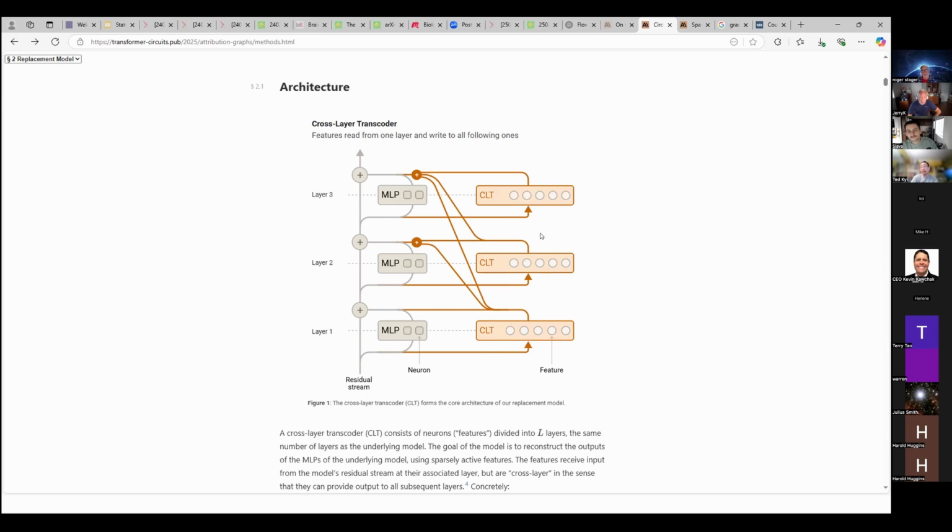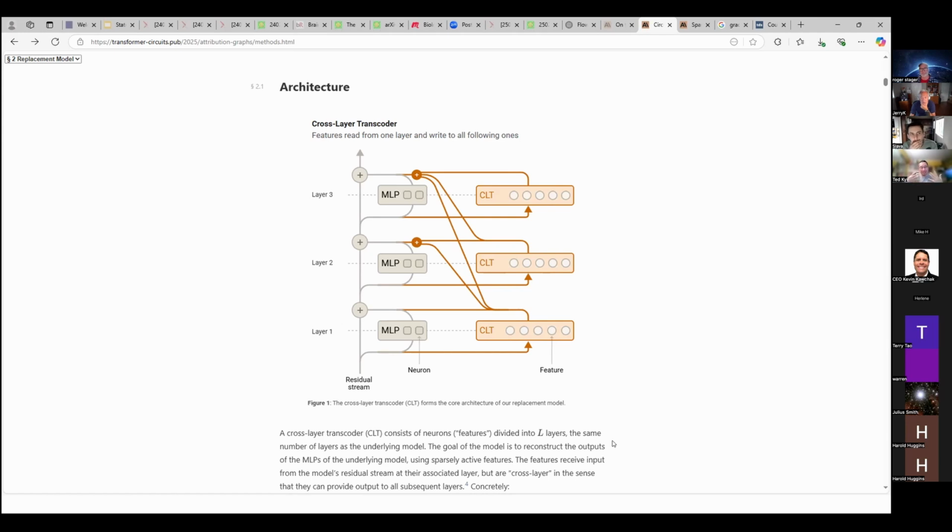And so this CLT is obviously more expensive to train than it would be just to do it one layer at a time. So this is going to be for all the layers in the language model. Yes. So if you have a 36 layer model, instead of training 36 one-layer transcoders, we only have to train once. Good news.